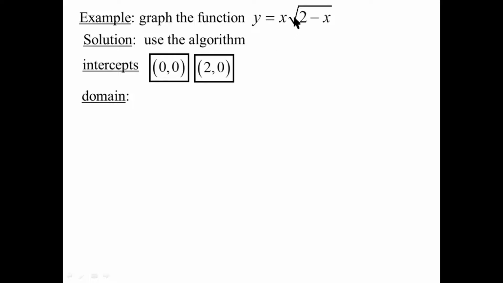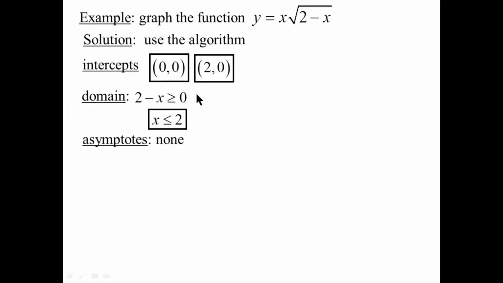The domain, well, we see a root sign. So that means the radicand must be greater than or equal to 0. So set the radicand greater than or equal to 0 and simplify that. And we have x has to be less than or equal to 2. When you solve this inequality, x is less than or equal to 2. And notice I put it in a box.